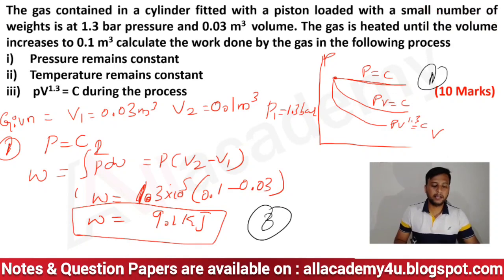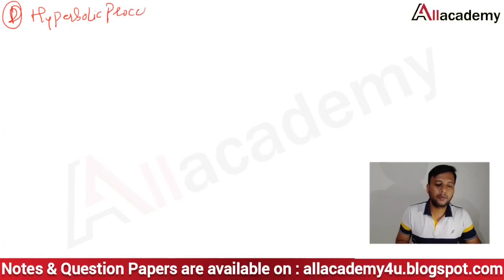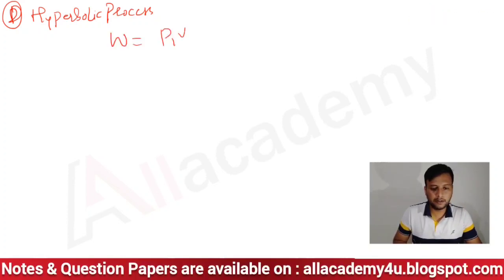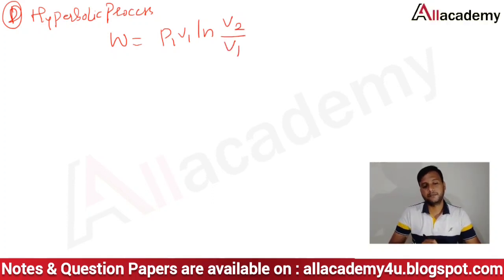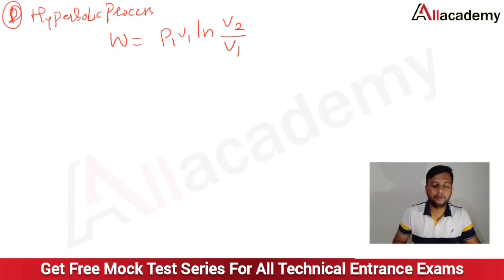The next is the constant temperature process, that is the second case, the hyperbolic process. The work done in a hyperbolic process is given by P1 V1 ln V2 by V1. Here I know P1, V1 and V2, so let us substitute.